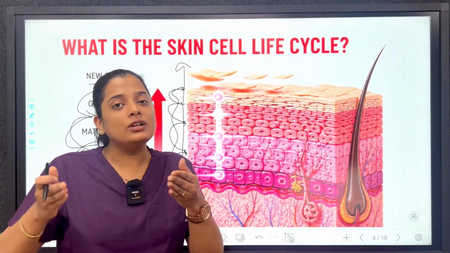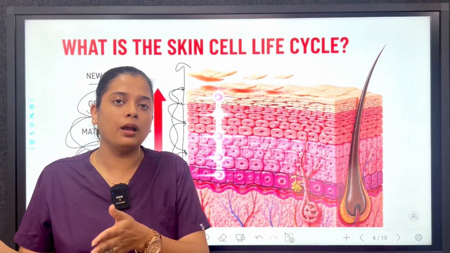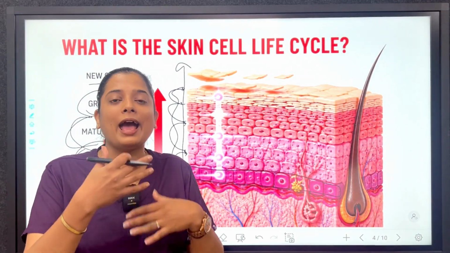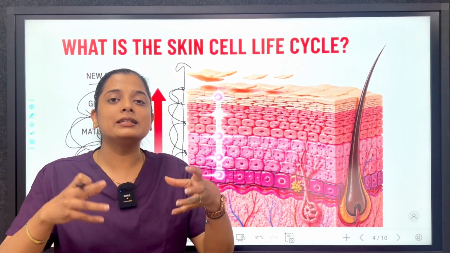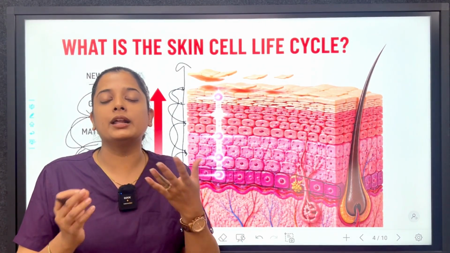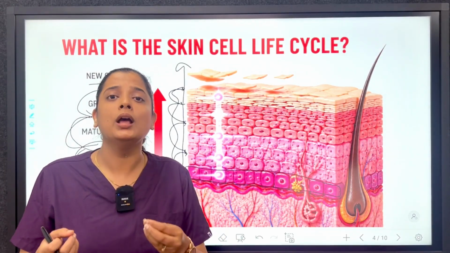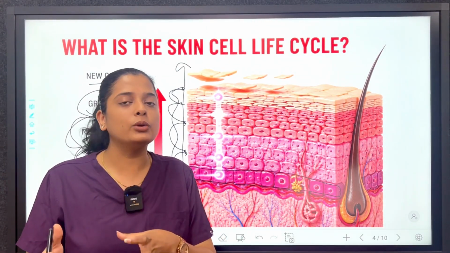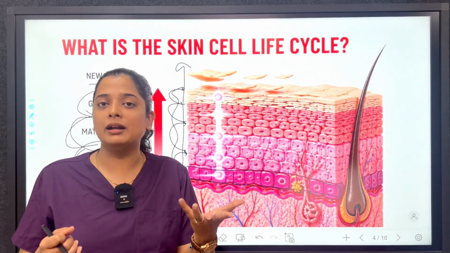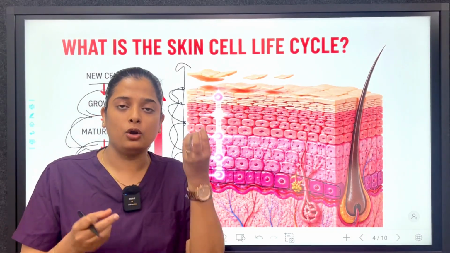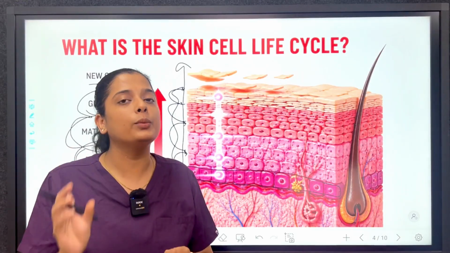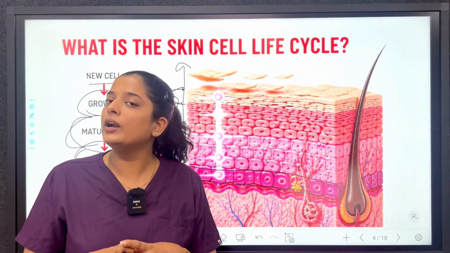Yes, it keeps on increasing as you keep on growing, because the whole body matures, the whole cells mature, and the life cycle of every cell starts getting standardized. For example, the red blood cell lives somewhere around 120 days. After 120 days, the RBC, or red blood cell, dies off, and a new red blood cell generates. So the lifespan of one RBC is 120 days. Similarly, the skin cycle is about 28 days. It's like an average skin cycle we are talking about.